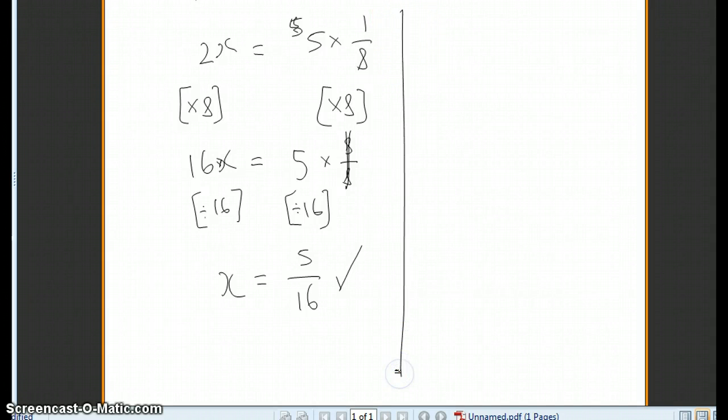My next example is from page 54, and I'm going to look at question 4, where there's x on both sides. X over 2 has to equal 2x over 3. We don't like fractions. How do we get rid of them?